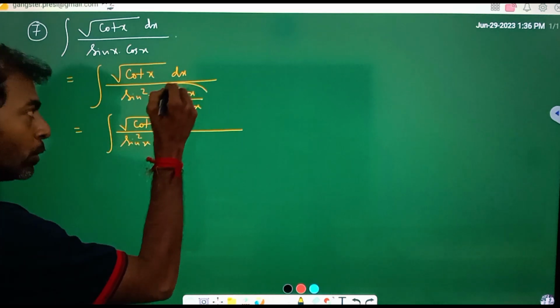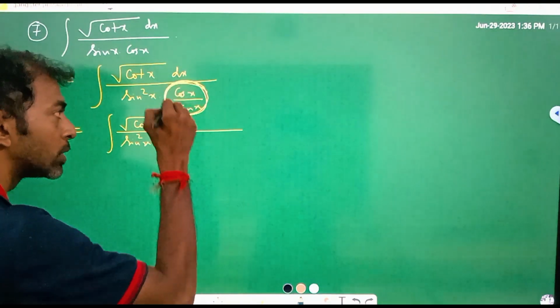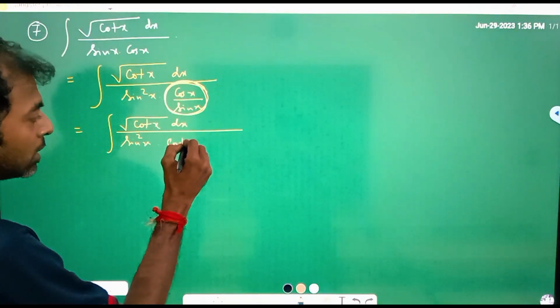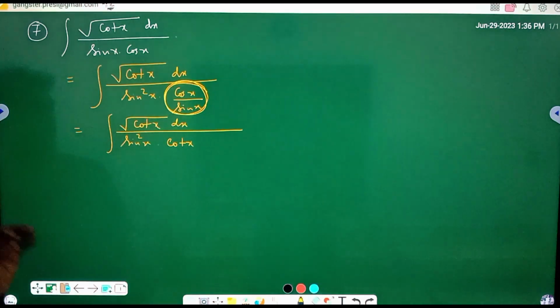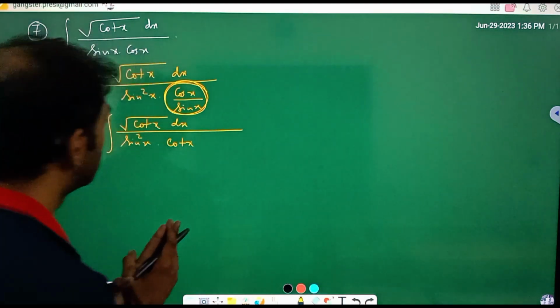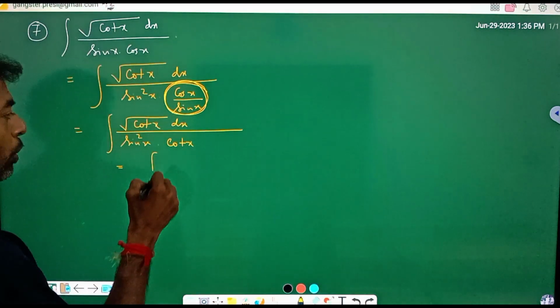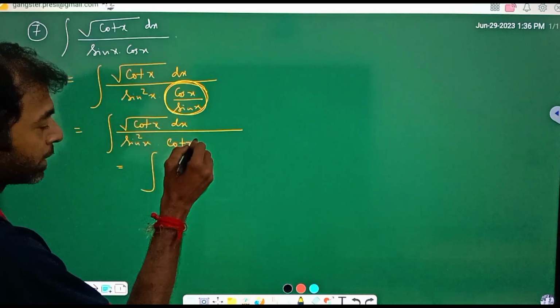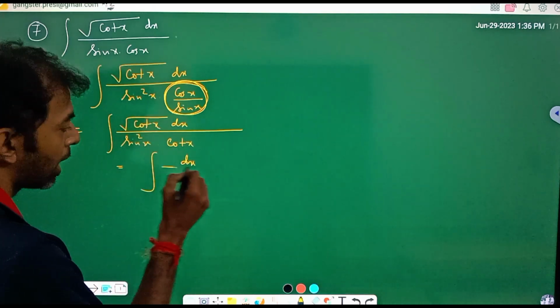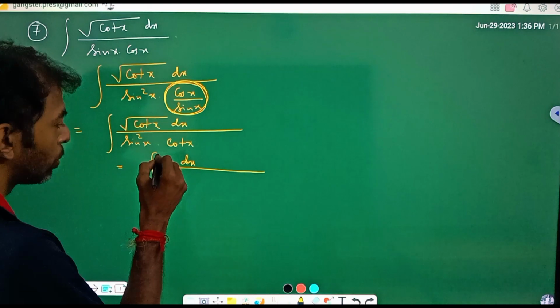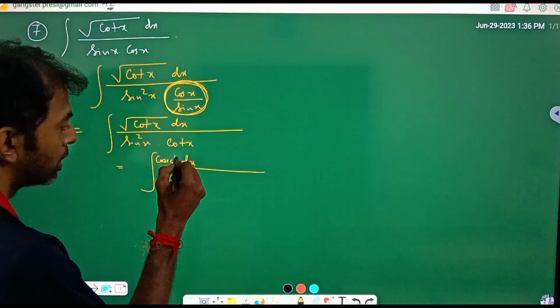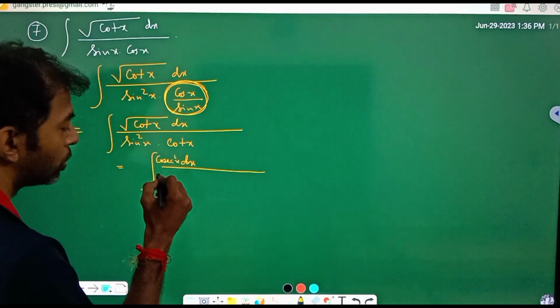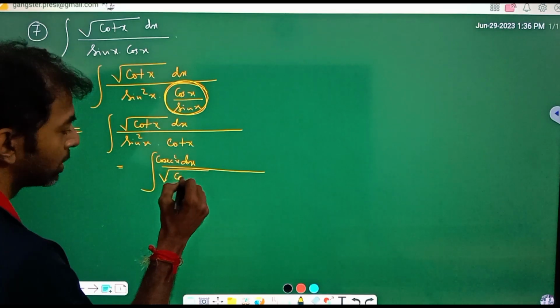And we all know that cos x by sin x equals cot x, right? So when we're writing this one is cot x, automatically root cot x will cancel cot x, and the result will be cosec square x divided by root under cot x.